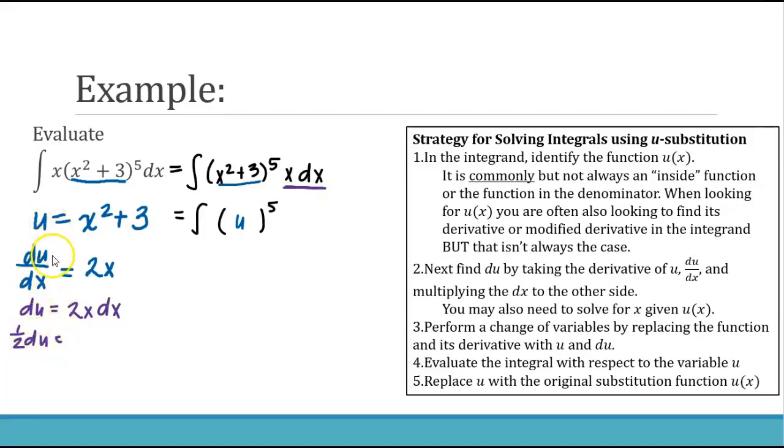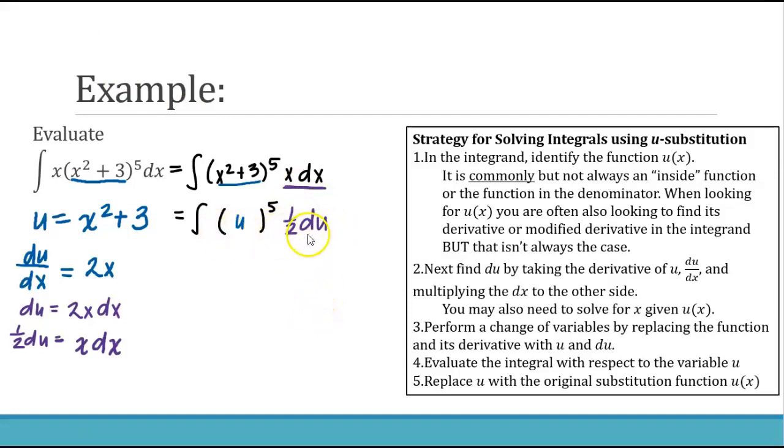So I know that 1/2 du is equal to x dx. So now I'm going to replace this quantity, x dx, with what I know it equals, which is 1/2 du.